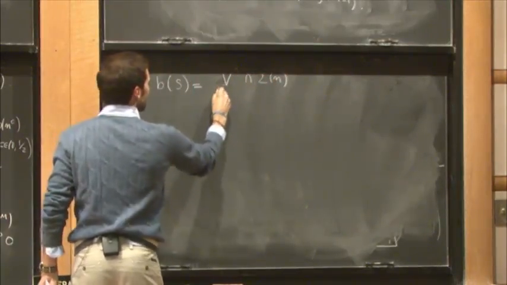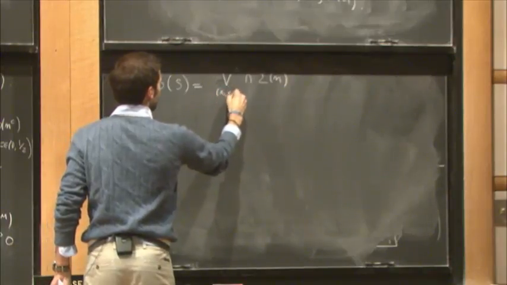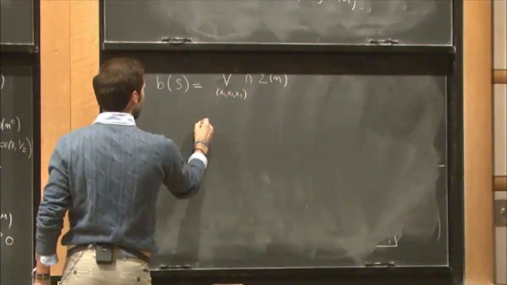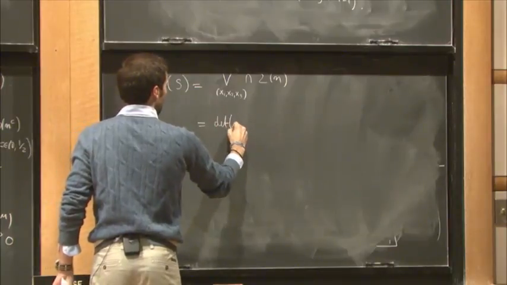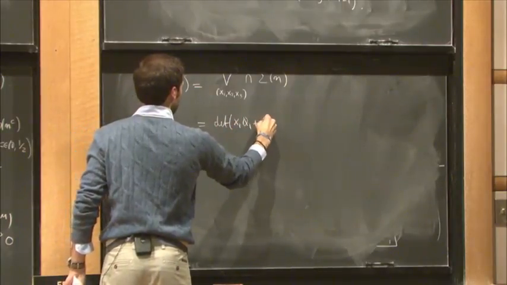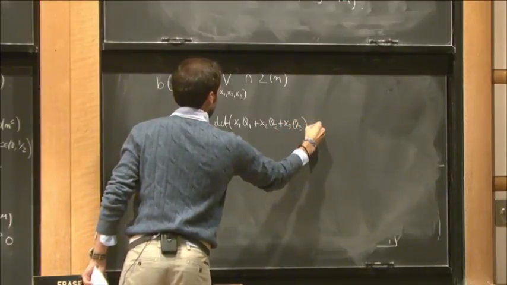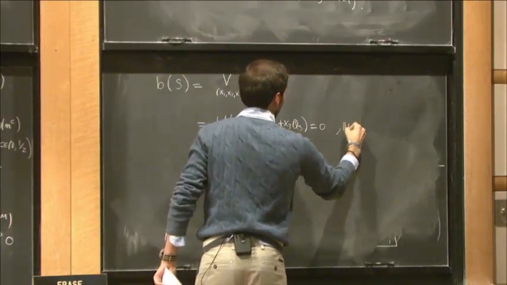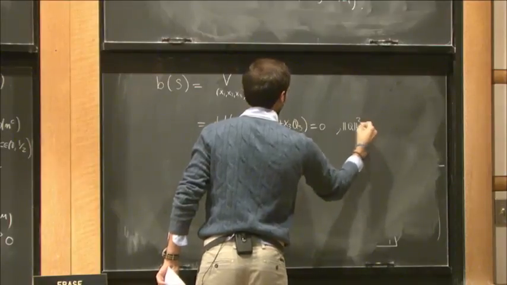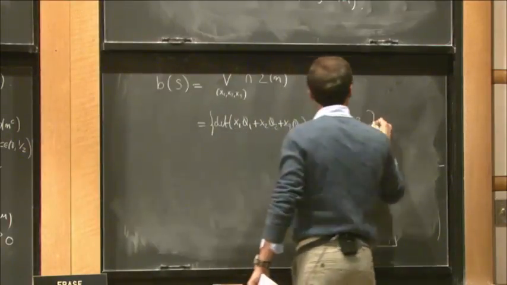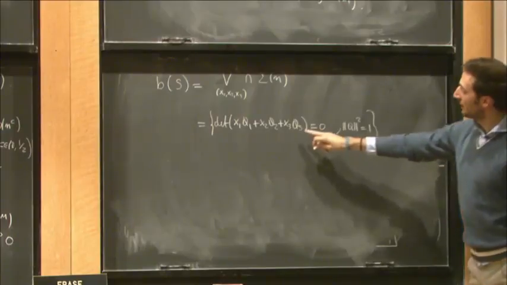So what is this? Let's just give the plane coordinates x1, x2, x3. This set is just going to be determinant of x1 Q1 plus x2 Q2 plus x3 Q3 equals 0, and norm equal 1. So what we have here is a curve on the sphere.